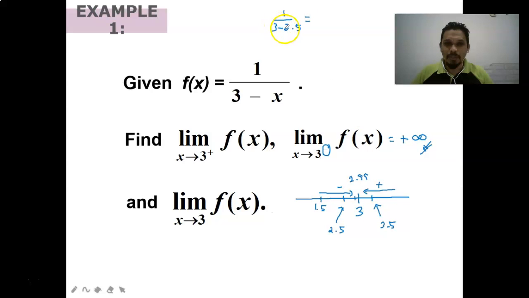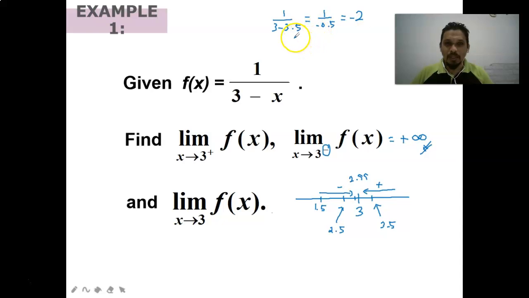Of course 3 minus 3.5 equals negative 0.5, so you can see it's negative. 1 divided by negative 0.5 equals negative 2.